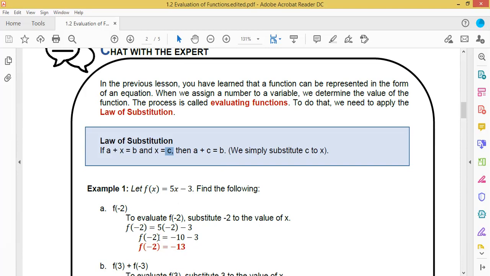That is 5 times, again when there's a parenthesis, it means multiplication, 5 times negative 2 minus 3. Working on the right-hand side, 5 times negative 2 is equal to negative 10. Minus 3, the answer is negative 13. Therefore, f of negative 2 is equal to negative 13.